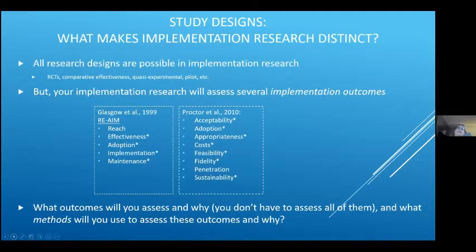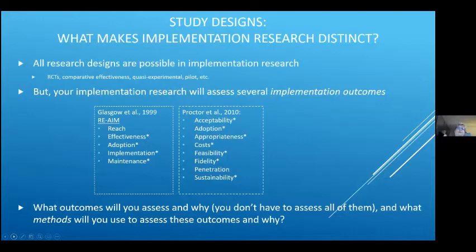Maybe cost isn't within the purview of what you're going to be evaluating for particular reasons. These days, cost is very important. It always has been, but it's more prominent in implementation research. So if you're not going to evaluate cost, you might need to explain why. Or maybe you're going to have an exploration of cost, but not an entire cost analysis.